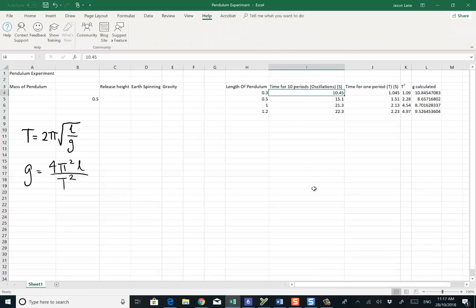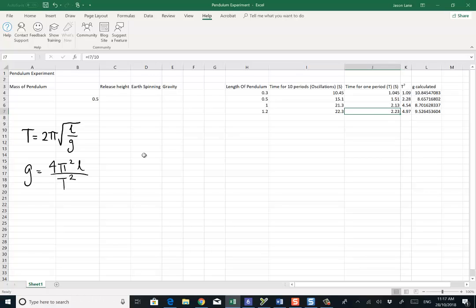So here we've collected a group of different values for different lengths of our pendulum, and we've got the time for 10 periods of oscillation, and then the time for 1 period of oscillation at those various lengths. You can see it's changing. However, because both are changing, we know that this is the only variable we're changing. This is a variable we're measuring, so independent variable, dependent variable, and here's our results.